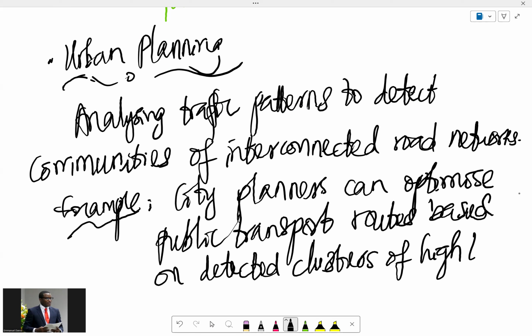These are very important applications of community detection.